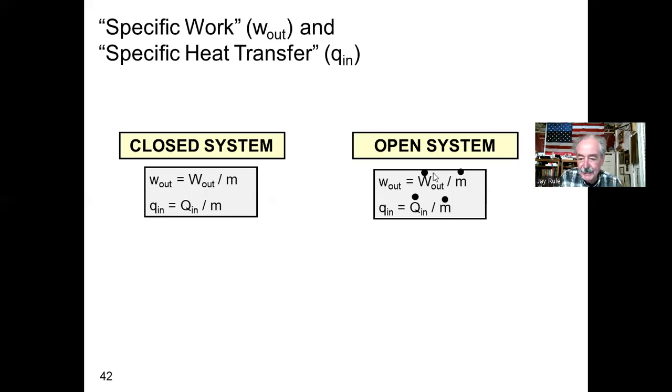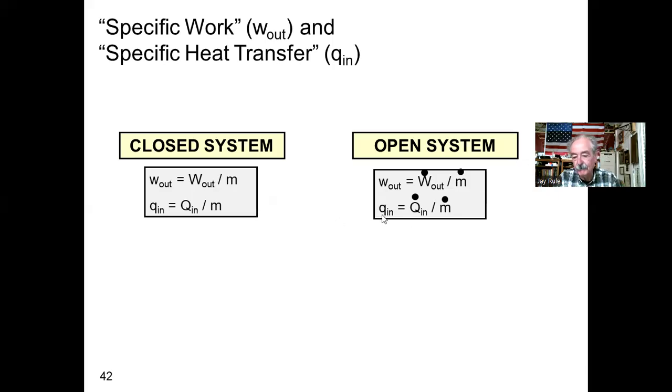You've got w dot divided by m dot. So w dot out, that's going to be kilowatts, but that's a kilojoule per second, isn't it? Kilowatt, kilojoule per second. m dot, kilograms per second. So you think about units, that's kilojoules per kilogram. Same units as a closed system.